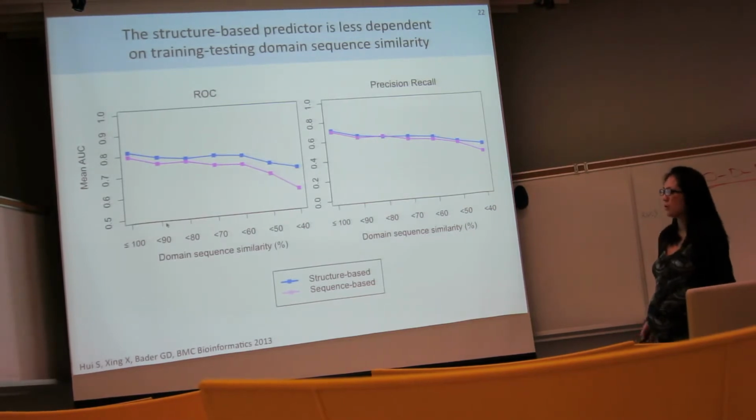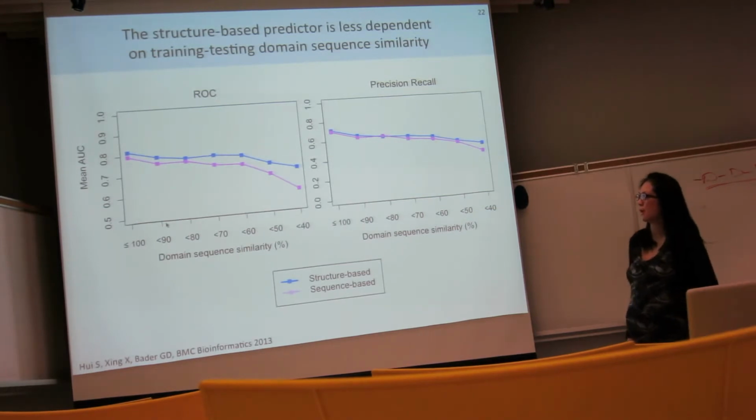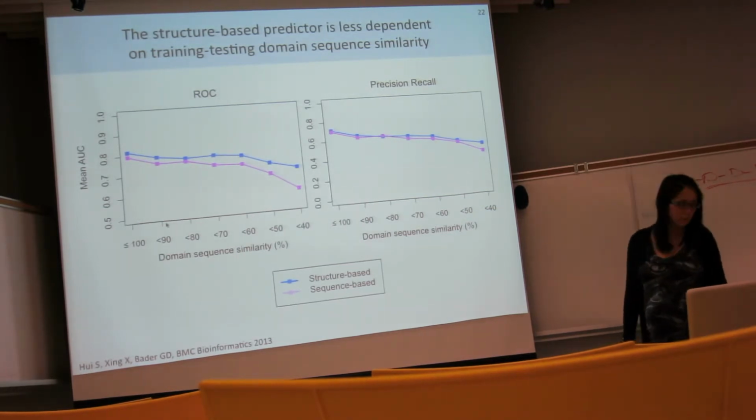We also performed the same analysis using the sequence-based predictor from the first project. When we compare the performance, if the domain is greater than 70% similar, then the performance is comparable. But if the similarity is less than 70%, then the structure-based predictor is better, although both predictors still depend on domain sequence similarity.